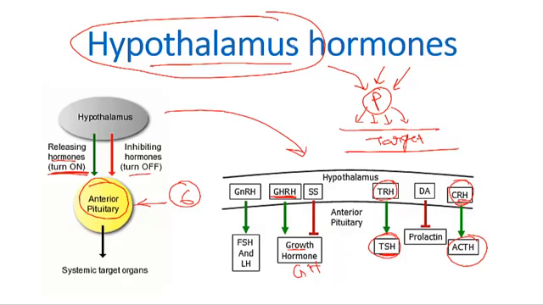Except for that, the hypothalamus is also linked with controlling some posterior pituitary hormones as well. There are 2 major types of posterior pituitary hormones, oxytocin and antidiuretic hormone, or ADH. These are the 2 types of hormones secreted by the posterior pituitary gland. Oxytocin is a peptide hormone that stimulates contractions of the uterus during labor, and it also promotes milk ejection by the mammary gland.